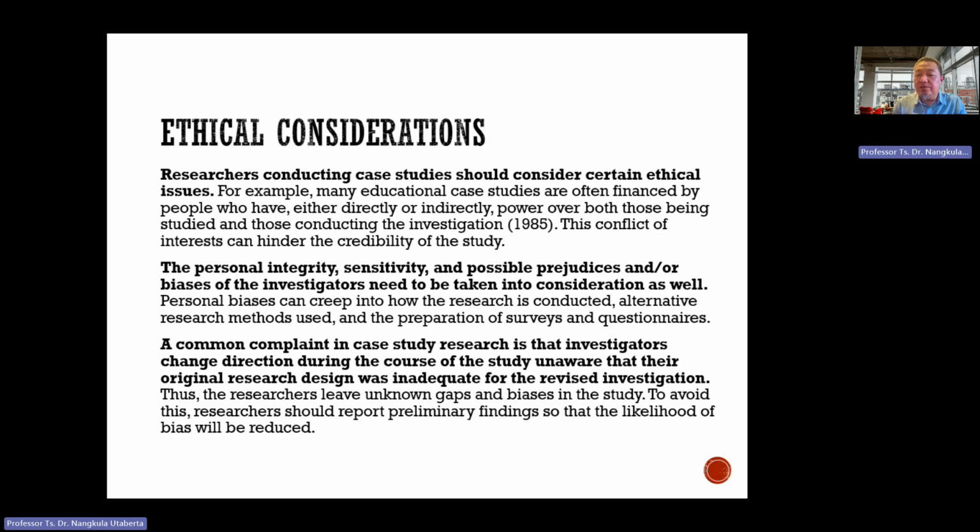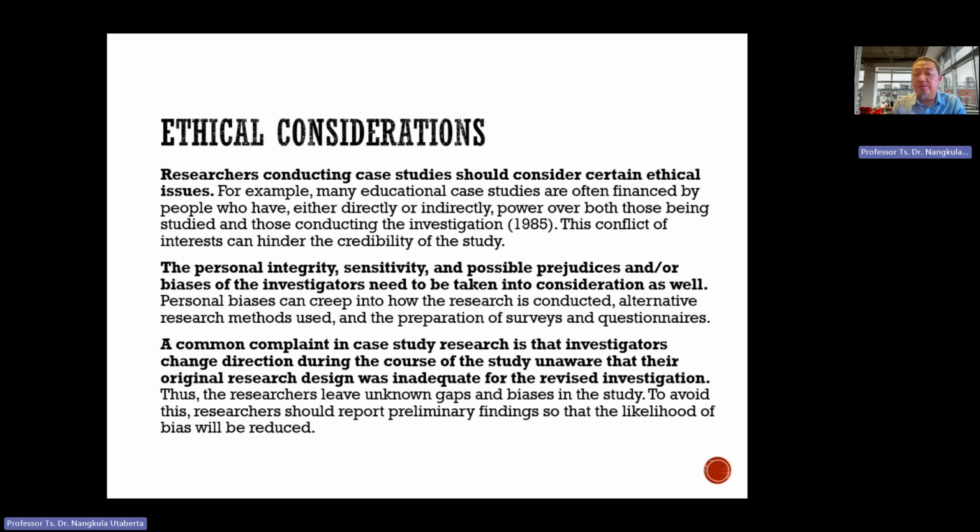One thing that is very important is a common complaint when changing direction. Sometimes some of the researchers, when they start doing a case study, find out that from the small issues there are a lot of other issues involved. If those are involved, sometimes it diverts your study from studying only one thing to studying many things. You have to be very careful.